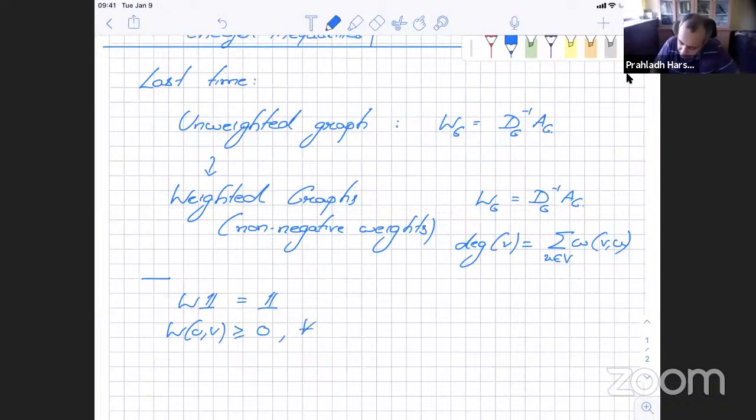In fact, these are the only requirements for a random walk matrix. So we generalized and said we'll work with this sort of random walk matrix: the all ones vector is a right eigenvector of this matrix, and all its entries are non-negative.